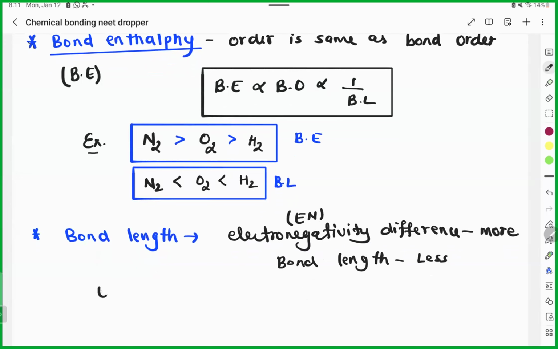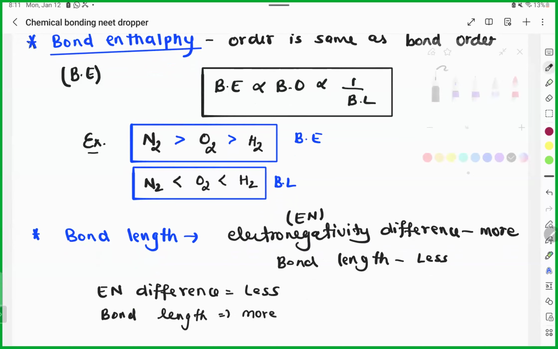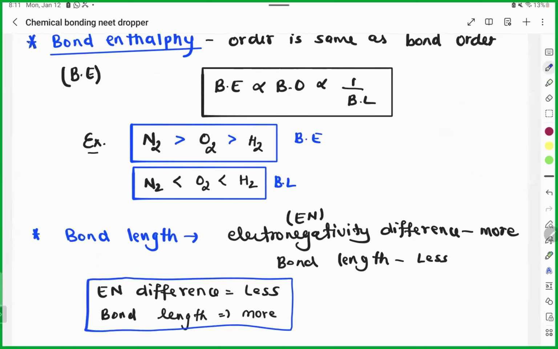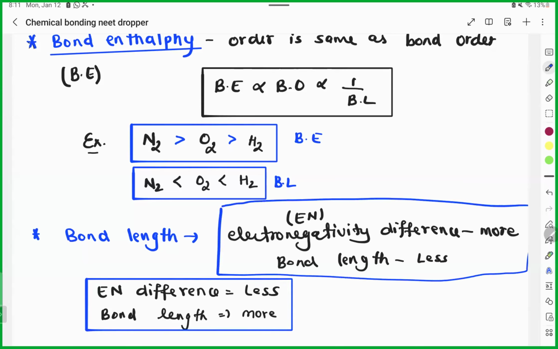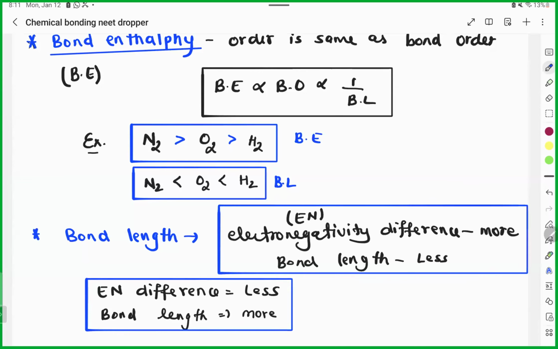If electronegativity difference is less, so your bond length will be more. Any doubt, guys? No doubt, sir.